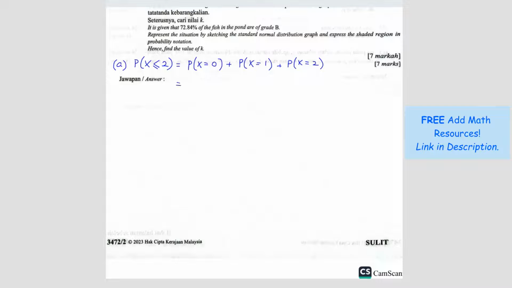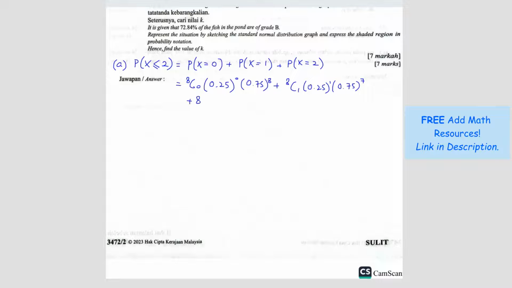So for 0 it will be 8C0, the p value is 0.25 power 0, which is always 1, and then 0.75 power, 8 minus 0 is 8, so you write 8 here. Then the next one is 8C1, 0.25 power 1, 0.75 power 7.